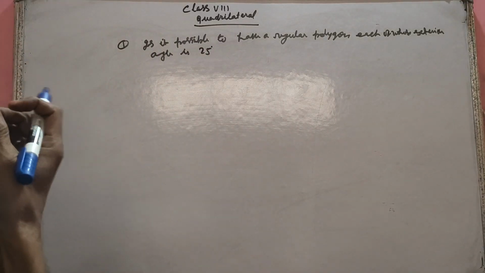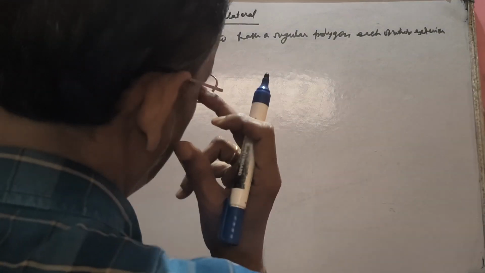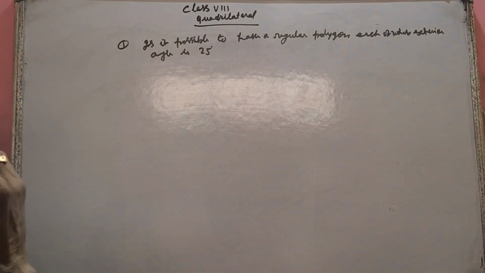Listen here. Can it be possible to draw a regular polygon if each exterior angle is 25 degrees?